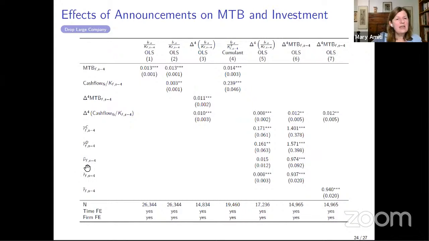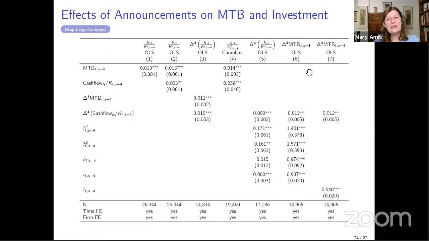This is just the idiosyncratic parts of the abnormal return, and then this R dot is what the return would have been on those non-trade days. So that's just the abnormal return. And you see that the key ones we're interested in, the common and the differential, are positive and significant, so both contribute to changes in investment.